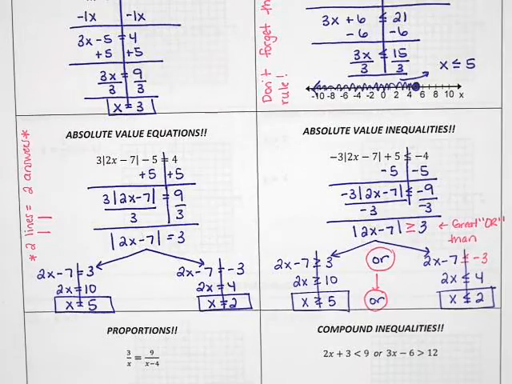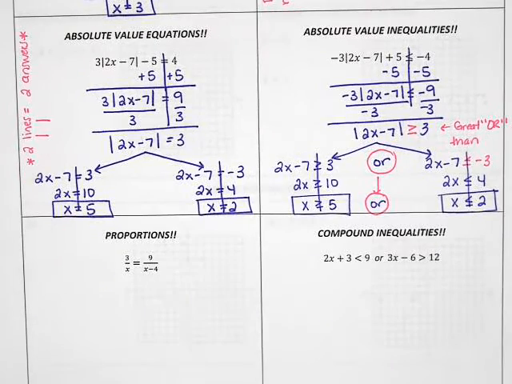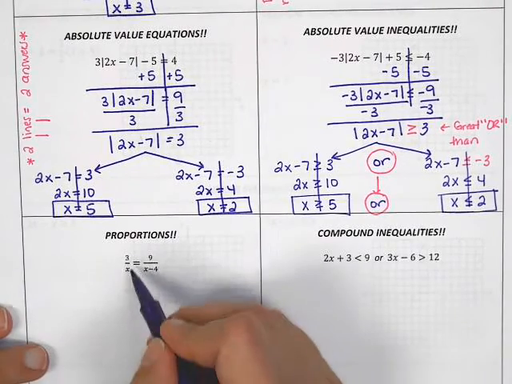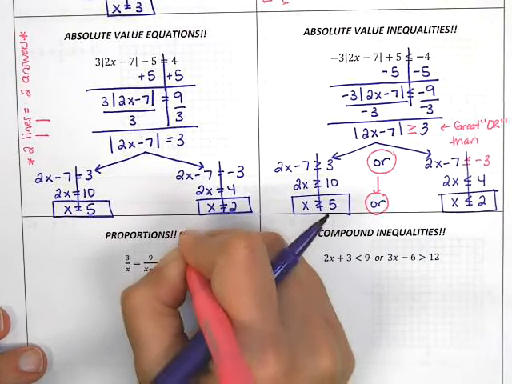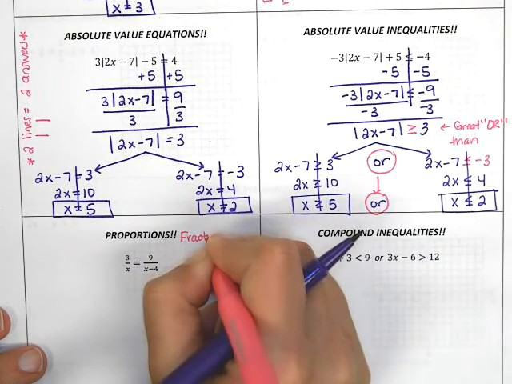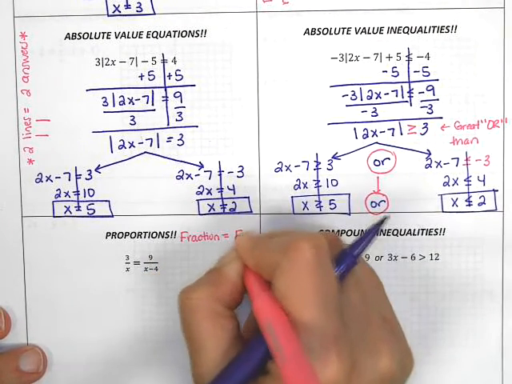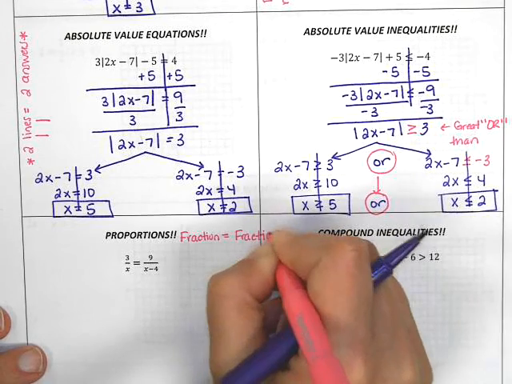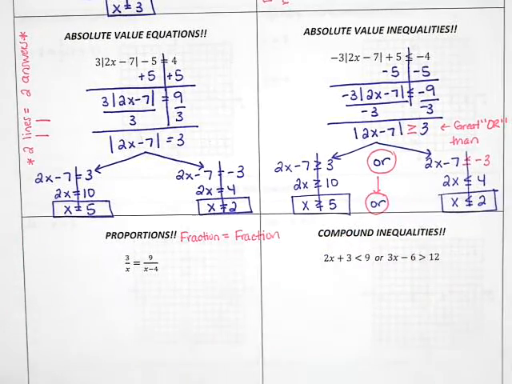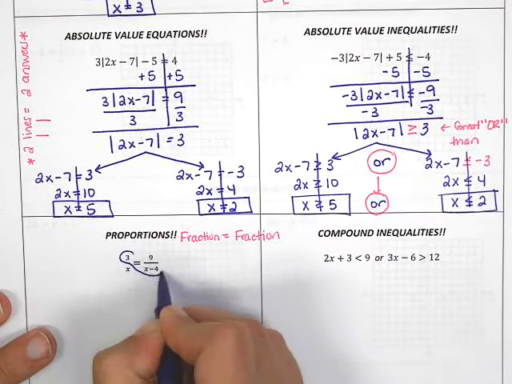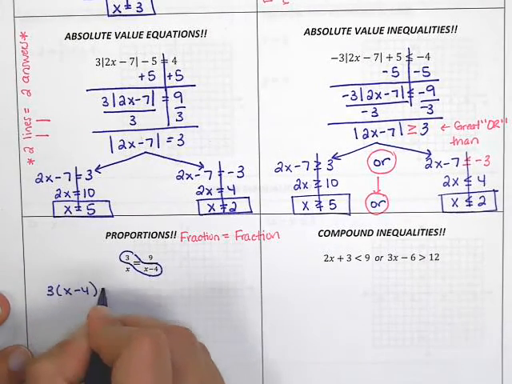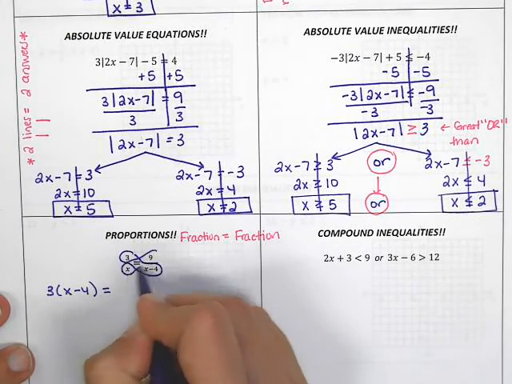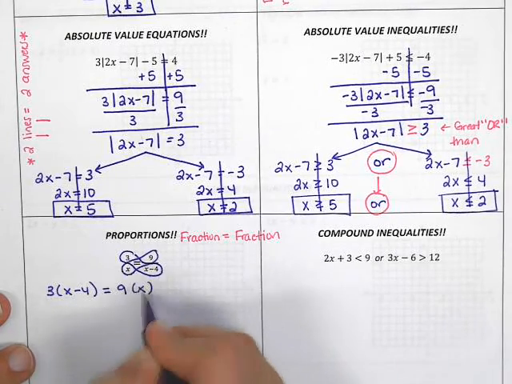The last two types of problems that we've learned how to solve have been proportions and compound inequalities. So for a proportion, which looks like a fraction equals a fraction, what we're going to do is cross multiply. 3 parentheses x minus 4 equals 9 parentheses x.